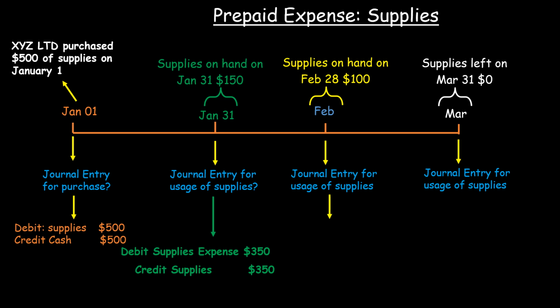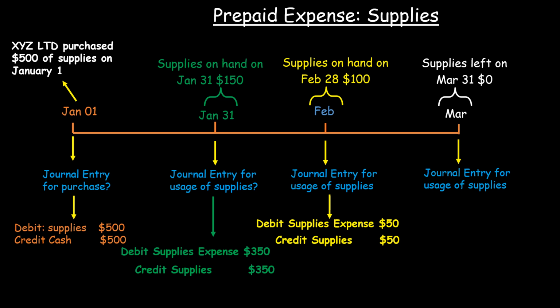Similarly, at the end of February, we have $50 worth of supplies left, which means we used $100 of supplies. And using that means it becomes expense. And what is it that we used? Supplies. So we will debit supplies expense, and we have used supplies, so we should decrease the amount of supplies here also.